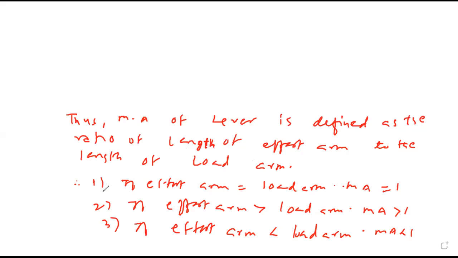Followed now? Saksham, can you tell how to change the length of load arm or effort arm by moving it away from the fulcrum? Because you are measuring from the fulcrum. If it moves away from the fulcrum the distance increases, if it comes closer to the fulcrum the distance decreases.